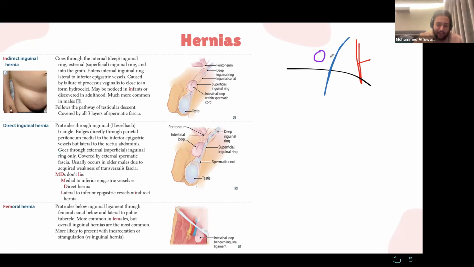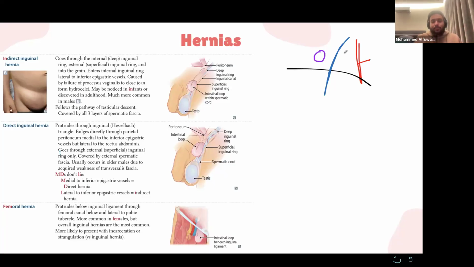Is it indirect or direct? The other one. Indirect, okay? Indirect is lateral to the epigastric vessels. Medial to it is direct, okay? So this is how you tell the difference between them. This is the most important way.